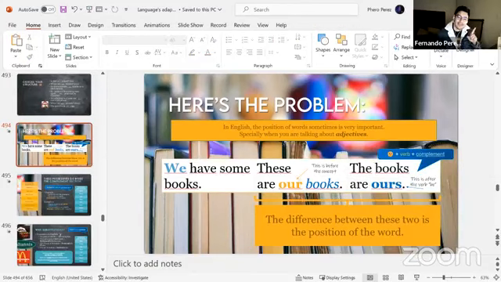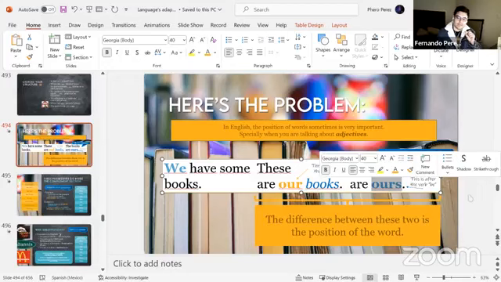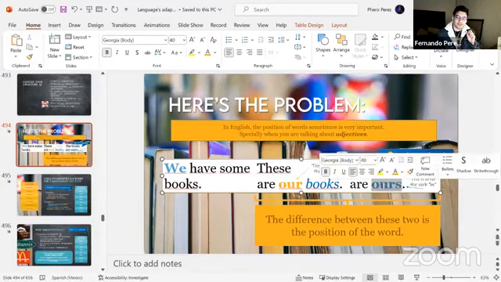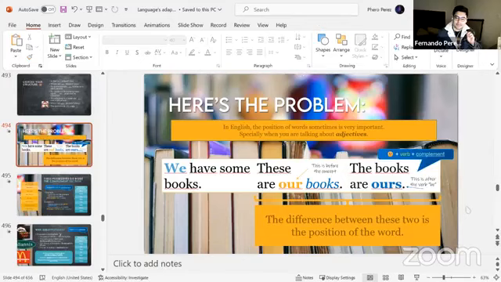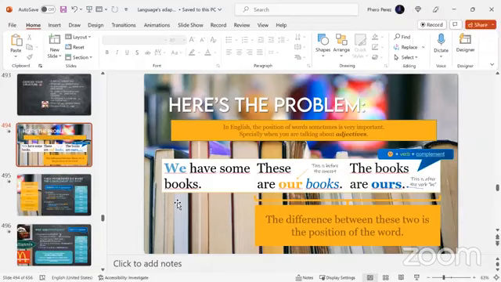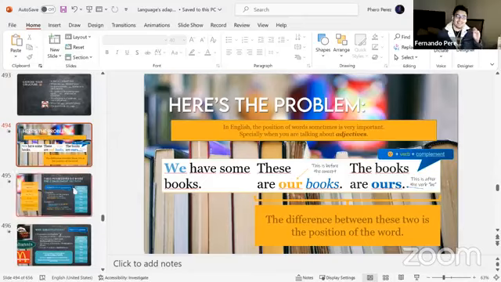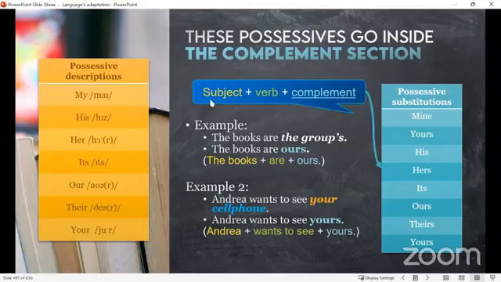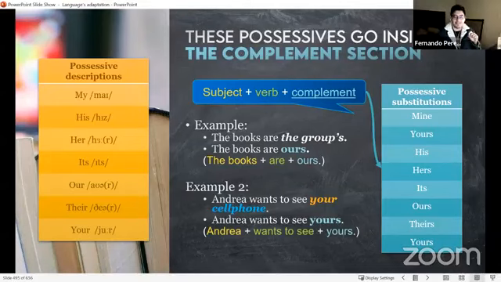Thinking in English, our is a description, and ours is a pronoun. Adjective versus pronoun. Description versus substitution. Now you see it? Yeah, so we need more practice. Of course, definitely.